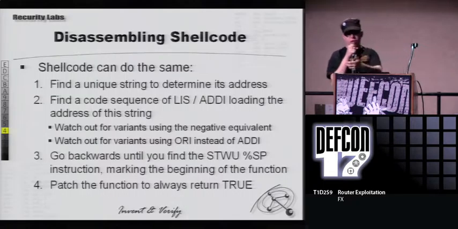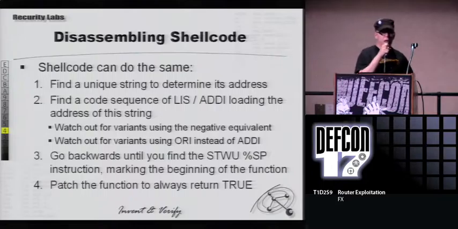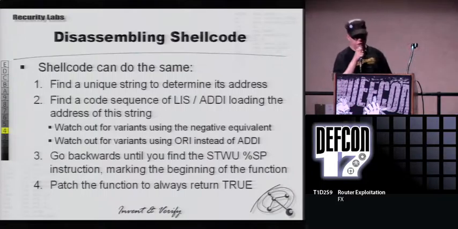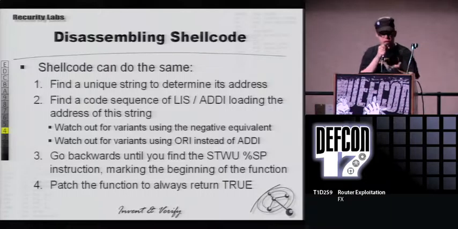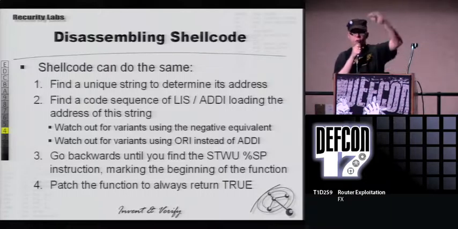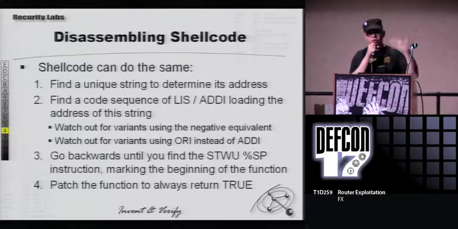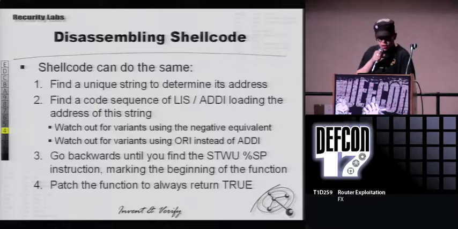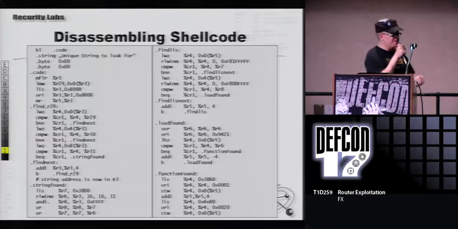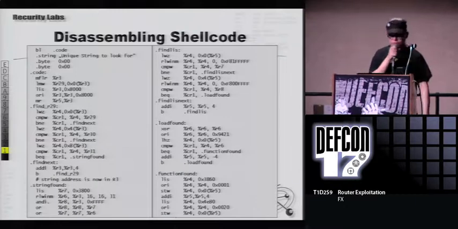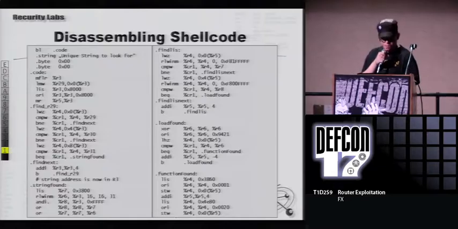You have two instructions that load the address of a string because it's a 32-bit fixed size instruction set. So it finds the two instructions and then knows in which function it is, right? And then it goes back upwards and actually disables the function entry point and just returns true. This is how it looks. You have it on the slide, so this is how you code patch.